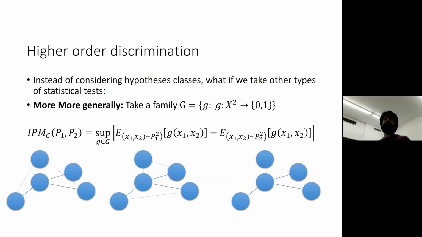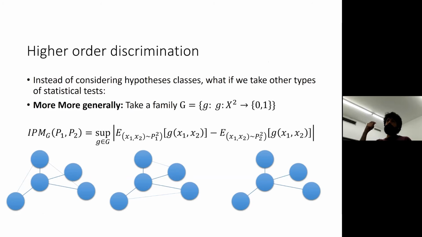Exactly. So now I have a family of graphs over my domain, and the IPM distance defined by this family of graphs is where I choose the graph that most distinguishes between P1 and P2. What does it mean to distinguish?